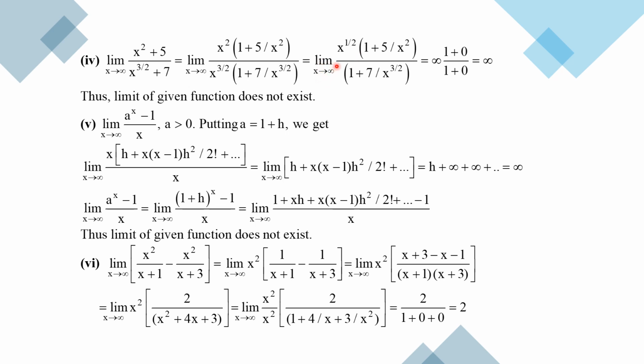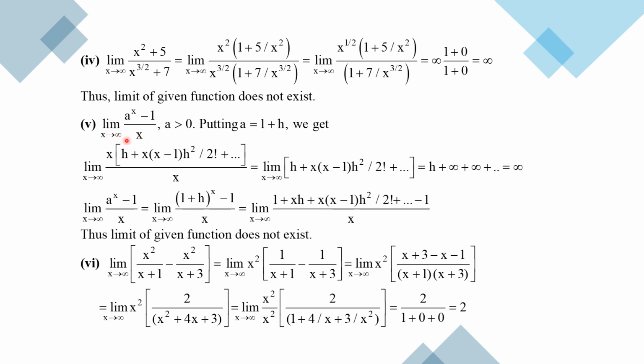Apply the limit, replacing x with infinity: x to the 1 by 2 is infinity, 5 over infinity is 0, and 7 over infinity is 0. So we have infinity times 1, an increasing function. The limit of the given function does not exist.